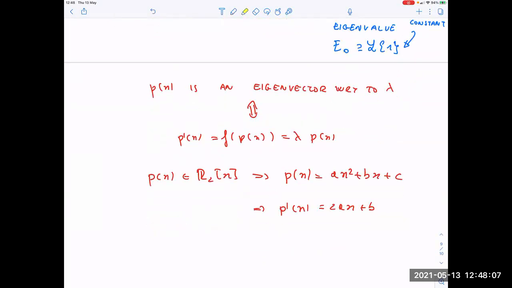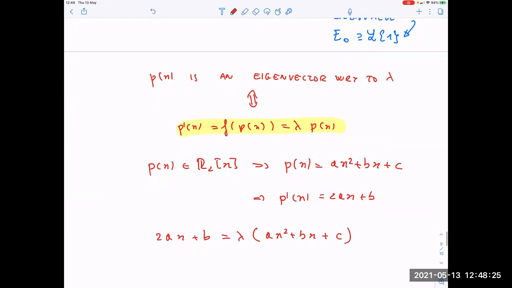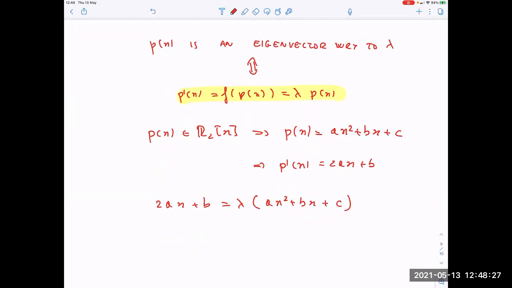So this is telling me that 2ax plus b must be equal to lambda times (ax squared plus bx plus c). Okay? And so what do we see here?